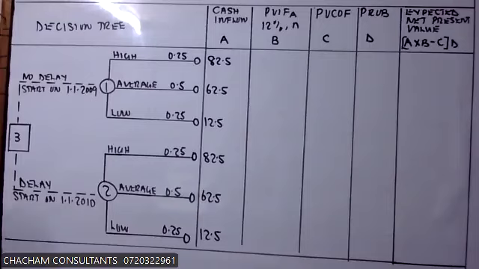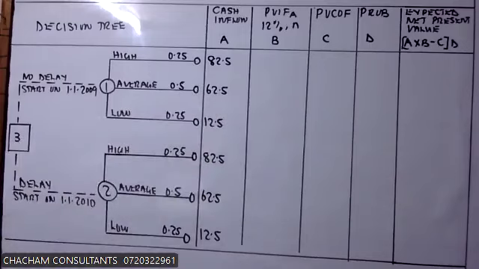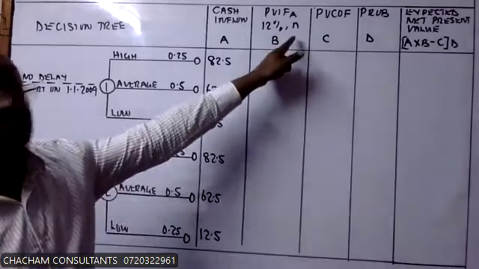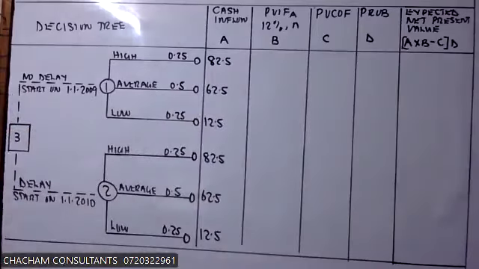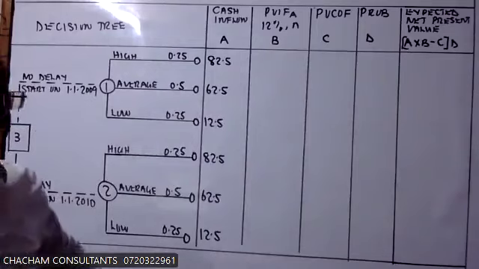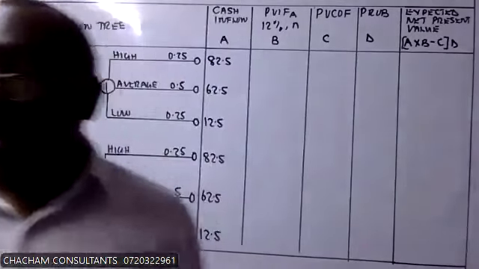So sasa, for the first one here, utaenda kwa 12 na usome ya 3 years. Because tukianza hapa 09 tunamaliza after 3 years. So nisomee the PVIFA for the PVAF.